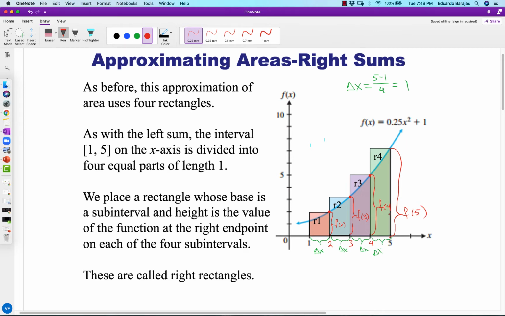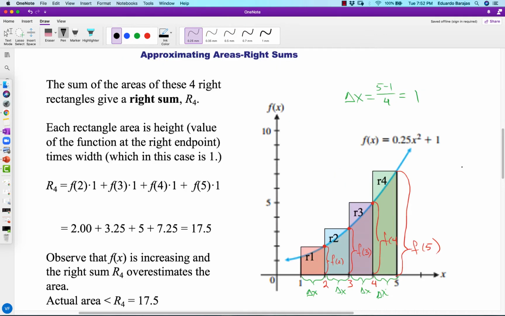Okay, so a very similar definition as before. Similar to the left sum rectangles, we developed the right sum rectangles. In this situation, we use the letter capital R to represent that we're using the right end rule, and the little subscript of 4 to indicate that we're doing 4 rectangles.